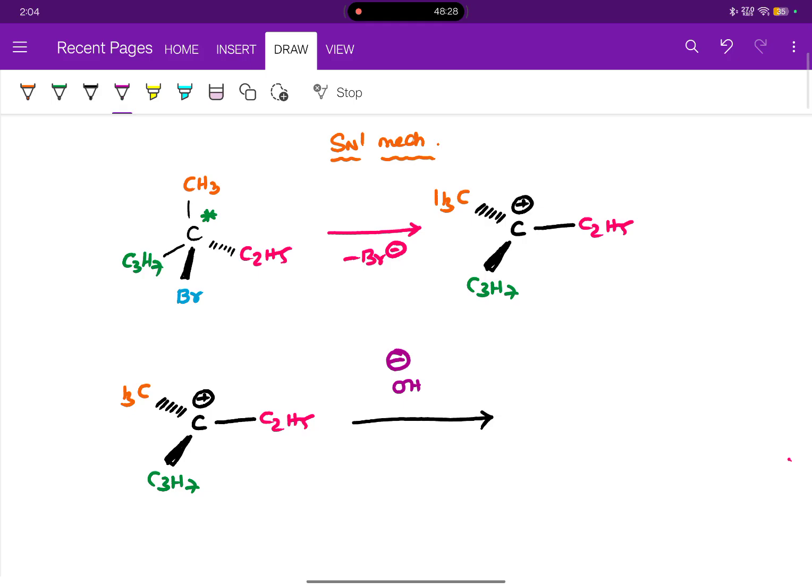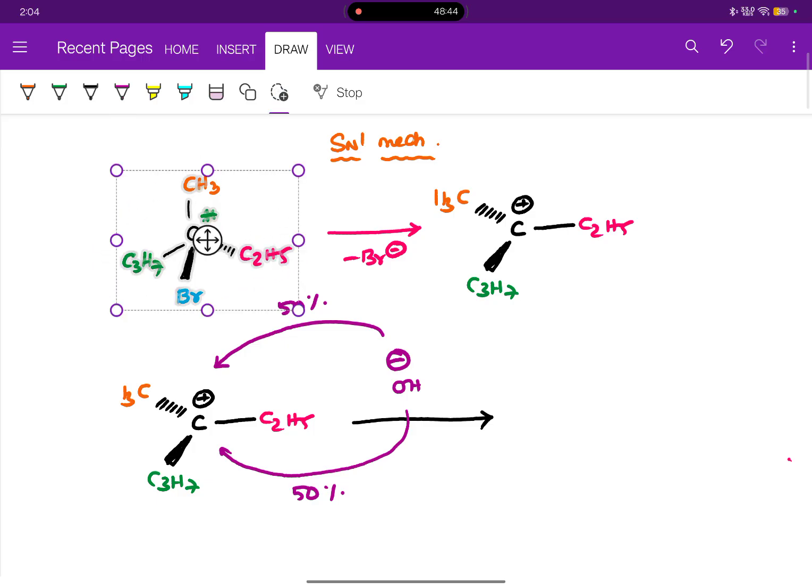Sir, I think both. Perfect. So the probability is upper side 50%, lower side 50%. Sir, because the carbocation is positive and flat, OH minus can attack from either side. Is that all your answer? Now look. Now what will be my product is the question.